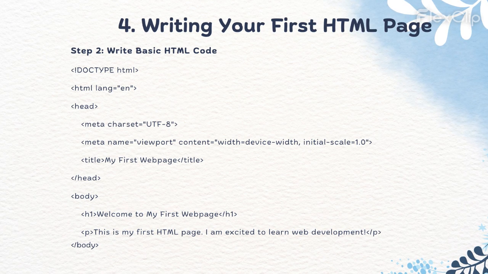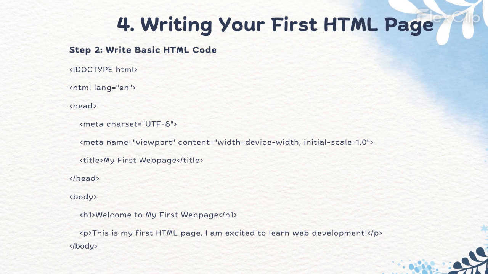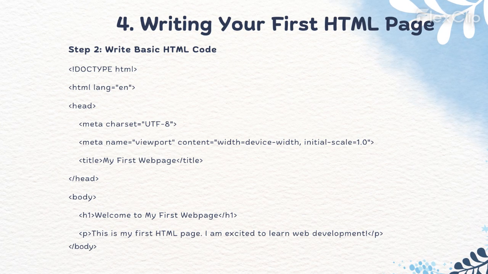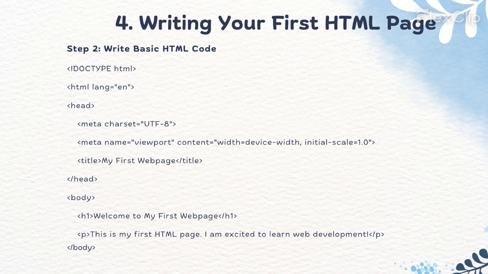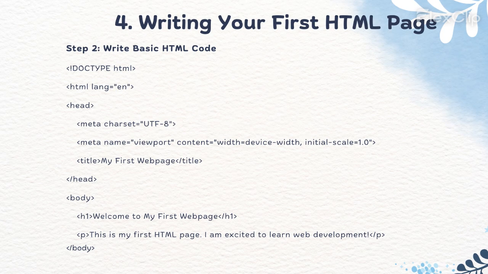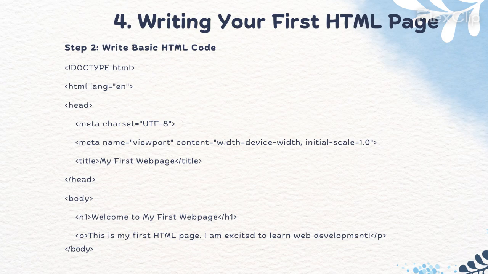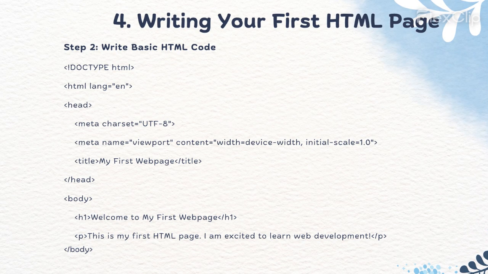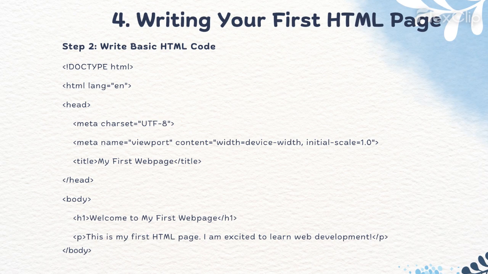Then html lang equals en. EN means the English language; you can change it to any language here. Next, head. After html lang equals en, the starting tag is head.